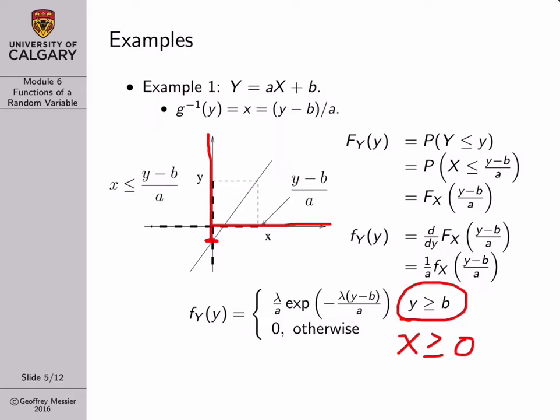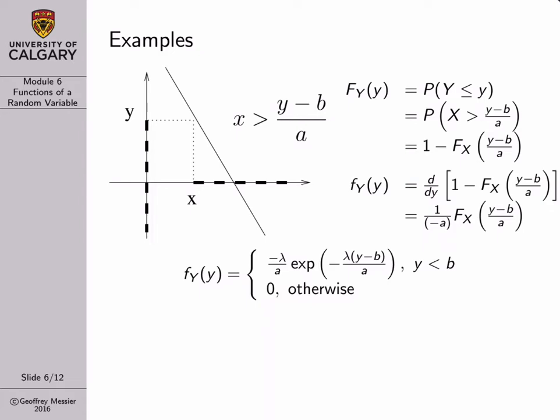We need to work not only with the function part of the PDF, but if there are regions that our input PDF is defined on, we need to use our function, in this case our straight line, to translate those regions from the x-axis to the y-axis.